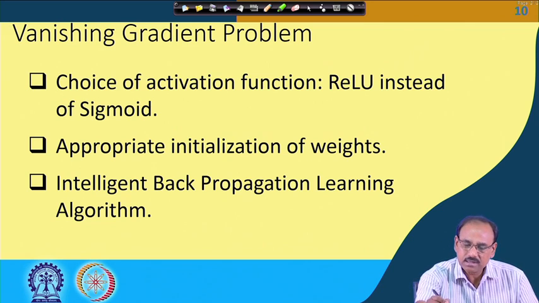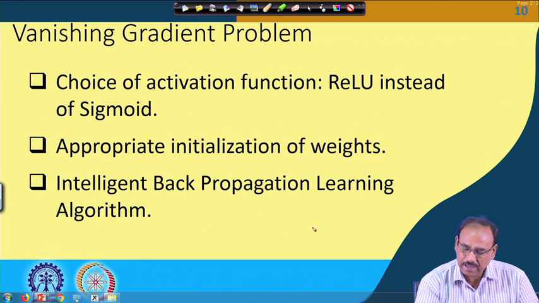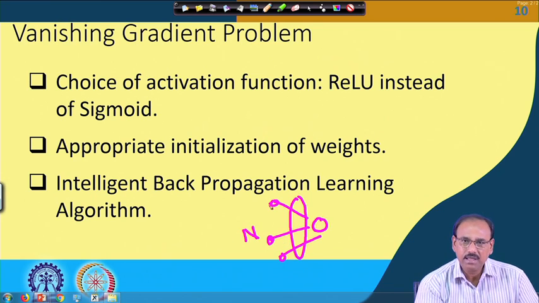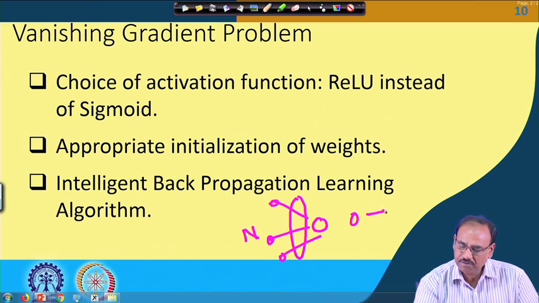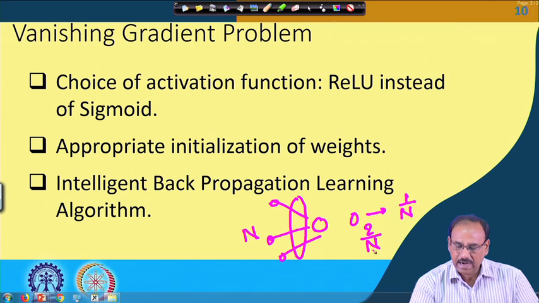A thumb rule says that if in any layer I have a node, and the number of nodes from which this particular node is getting the input is n, then the weights should be initialized with mean 0, but the variance should now be 1/n, or in many cases they use the variance 2/n.